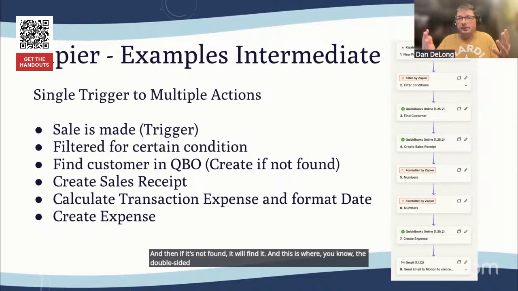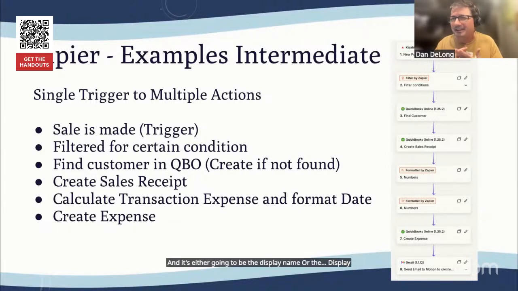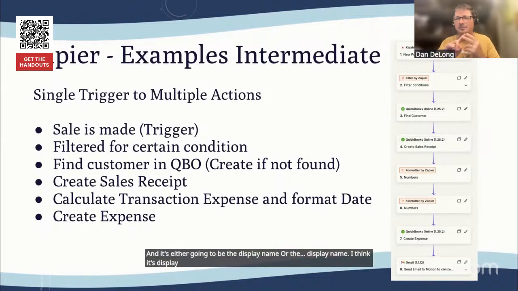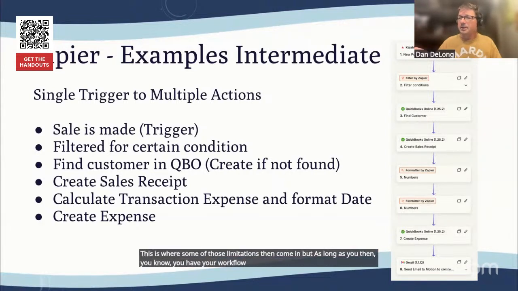There's only a few things you can actually search on, I think the display name and the email, maybe those two things. It's not necessarily look for this phone number. So this is where some of those limitations come in. But as long as you have your workflow laid out, it will find the customer or create it if it's not found.